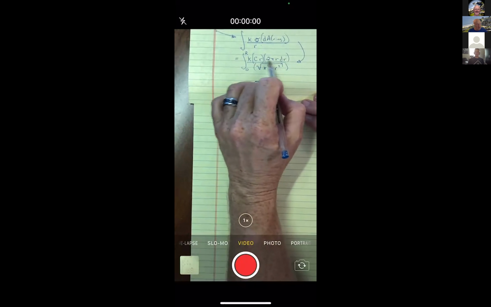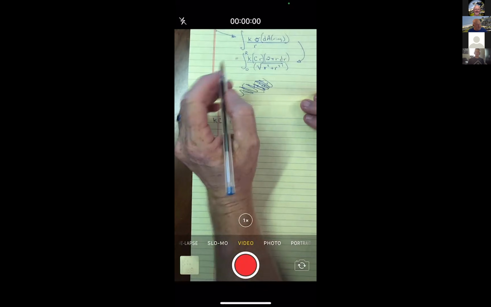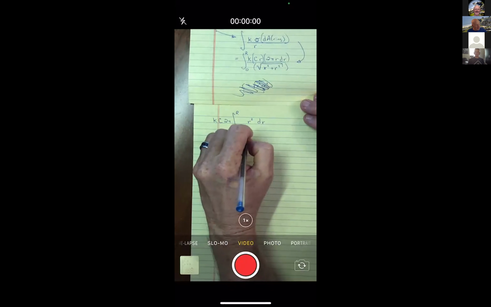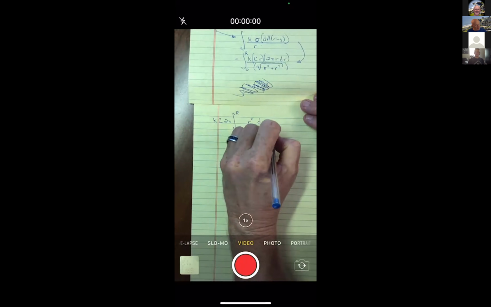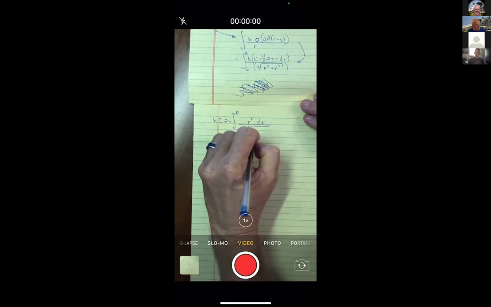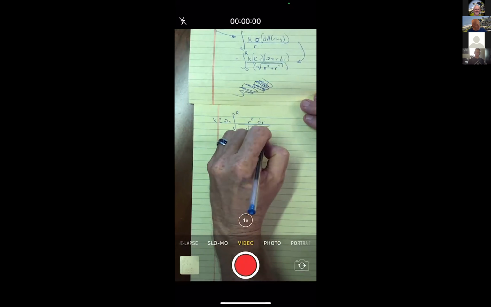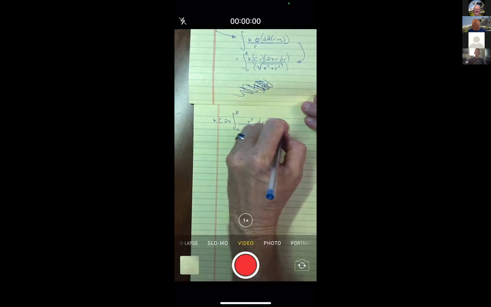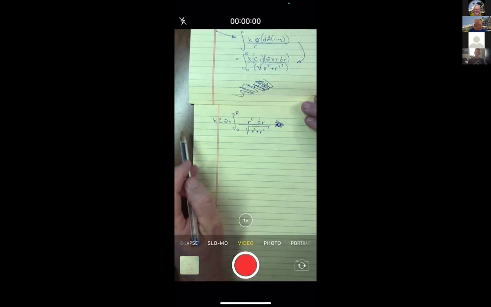r squared dr in the top, and then the square root of x squared plus r squared in the bottom. Oh, sorry, I already put the dr. There.